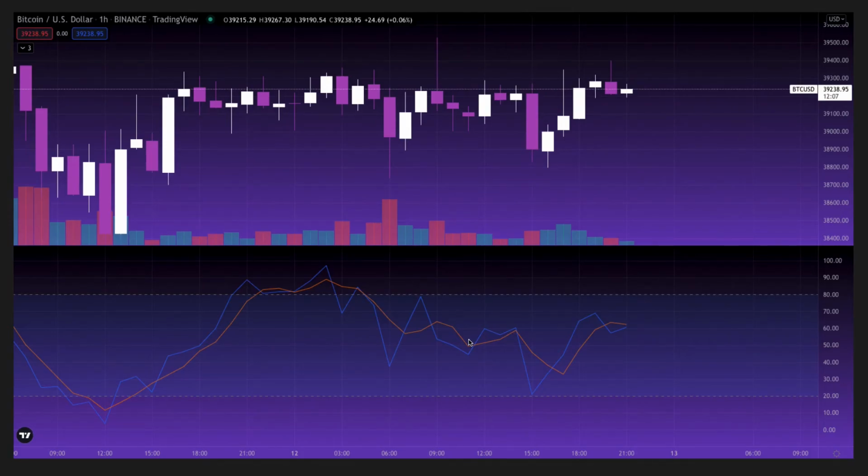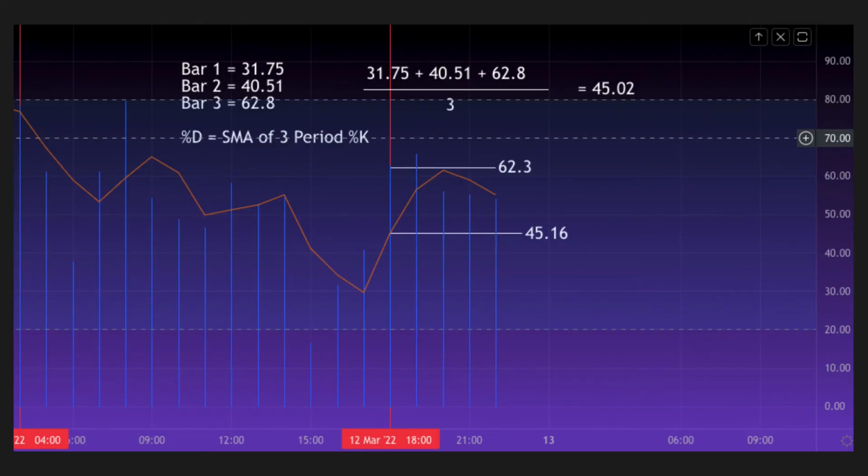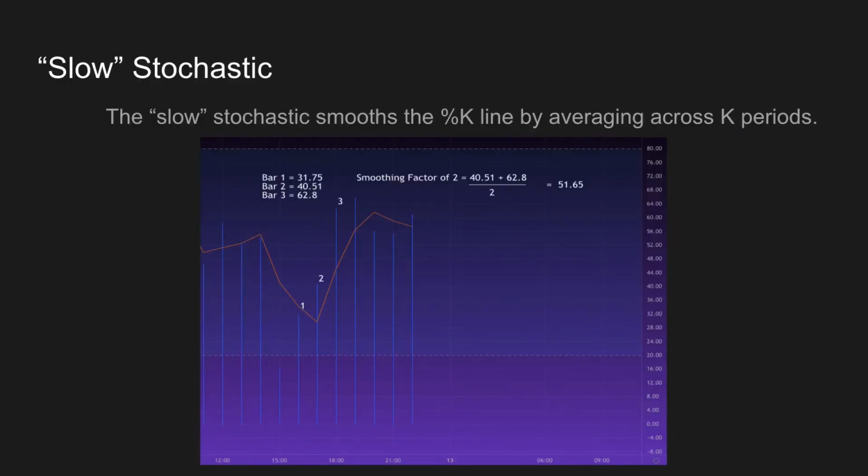So the way smoothing works is you're basically just averaging it across a period. So if you want to do a smooth factor of 2, all you're doing is taking this period of the K value and the last period of the K value. So now you have 2 periods.